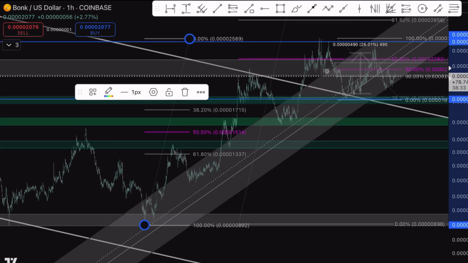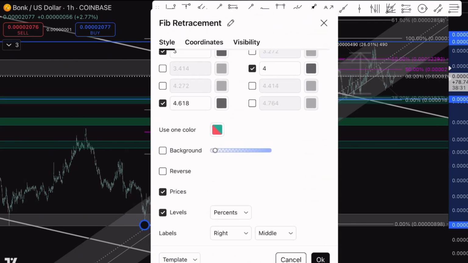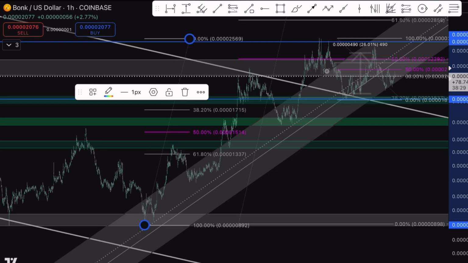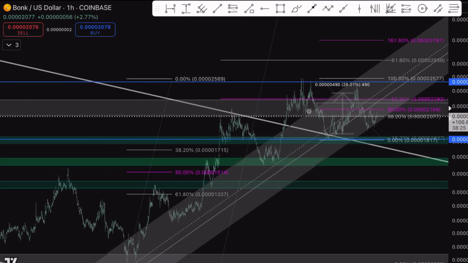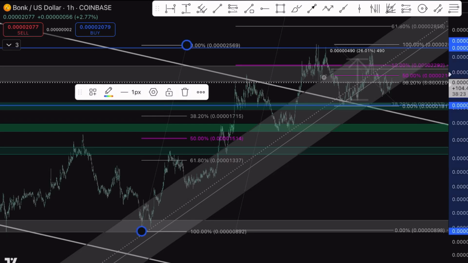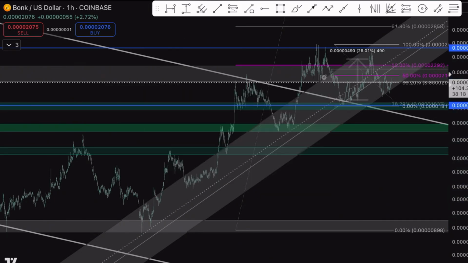Is it on reverse? Let me see. No. Let me do that again because I'm not understanding why. So it came from down here. It went all the way up to here.